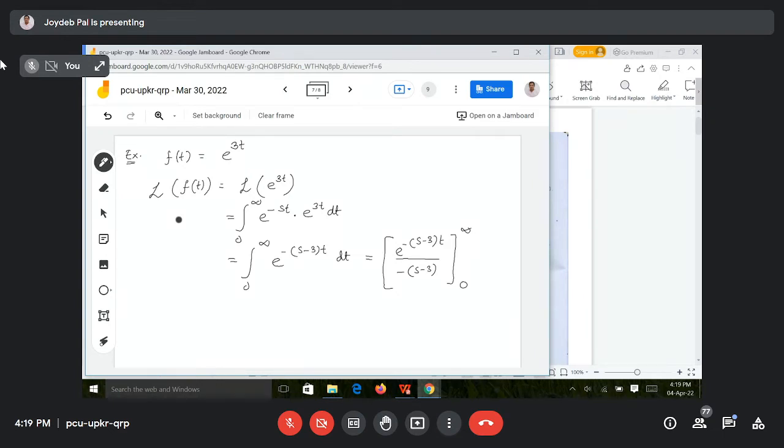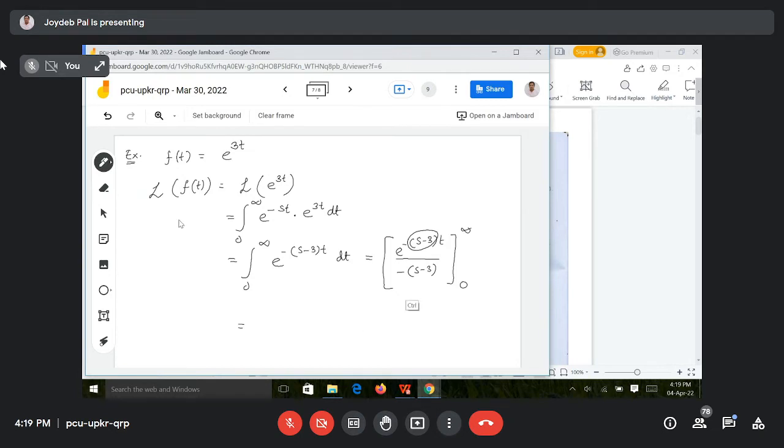Then again here, what is the criteria? e to the power minus something into t, whenever you put t equal to infinity, that tends to 0 if and only if s is greater than 3, right? If that is positive, then e to the power minus something into t tends to 0 when t is infinity. So here also the condition is s greater than 3.